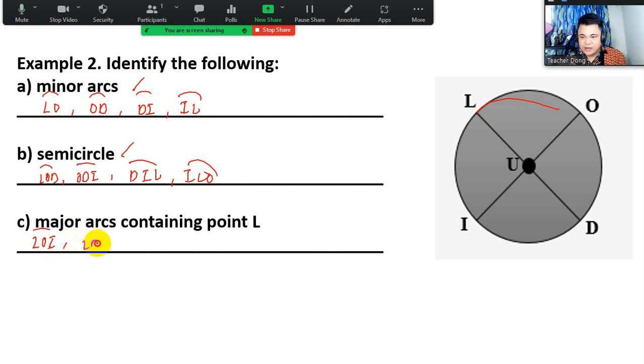We also have arc LDI, then ODL, OIL, DIO, DLO, ILD, and IOD. Okay, so these are the major arcs in this specific diagram.